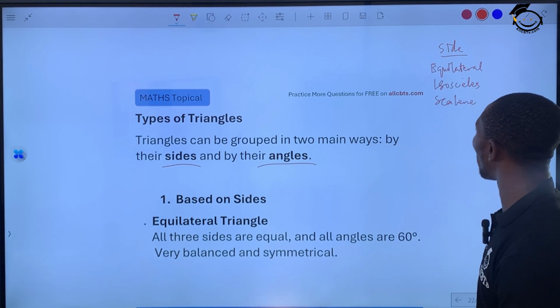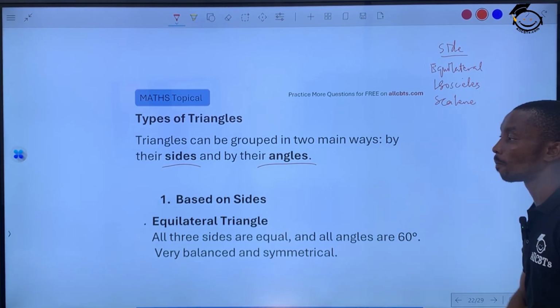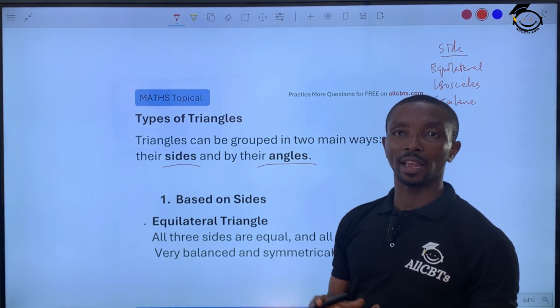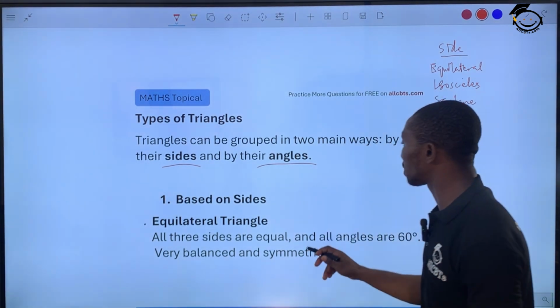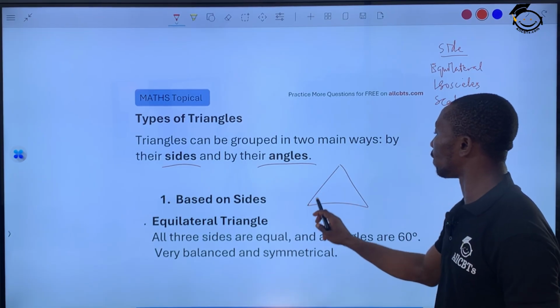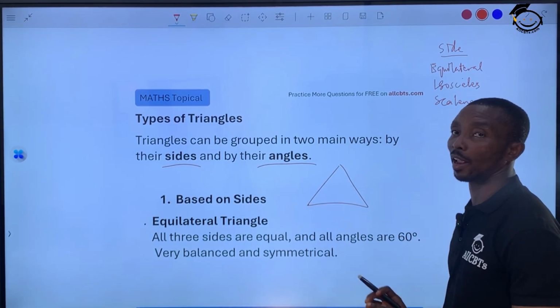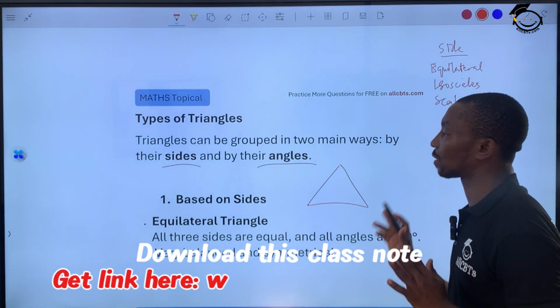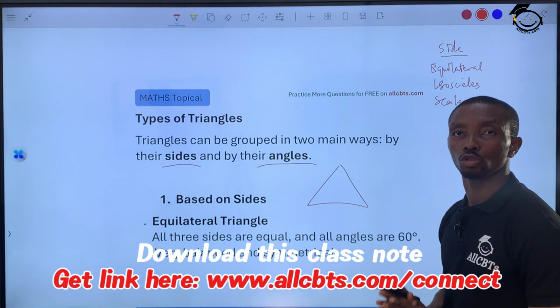All right, now for the equilateral triangle, all sides are equal and all angles are equal. The three sides of the triangle 1, 2, 3 are equal. The three angles are also equal. That forms our equilateral triangle.